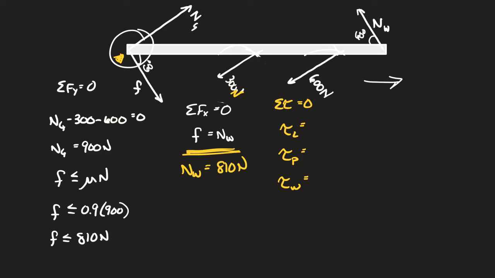I'm going to say that torques that are clockwise or into the board are positive. This means the ladder and the person will be a positive torque and the wall will be a negative torque. The ladder's torque has a torque arm of 1 meter, the middle of the ladder, times the weight of the ladder, times the sine of this angle here, which is 30 degrees, I believe.